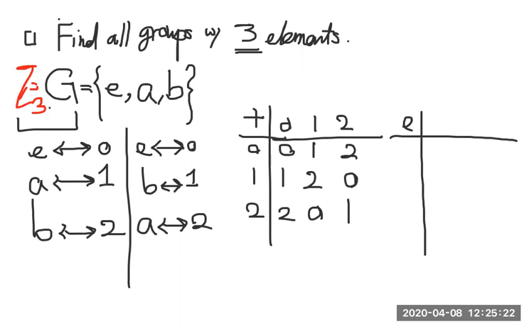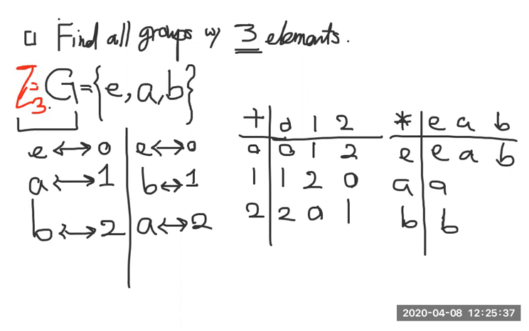And here we had E, A, B, E, A, B. I said A squared is B, is E, AB is E, AB is E, and B squared is A.